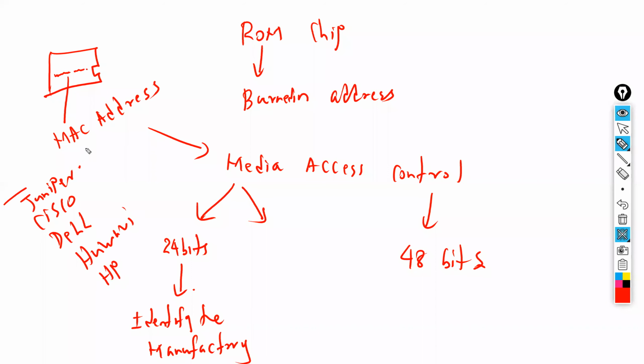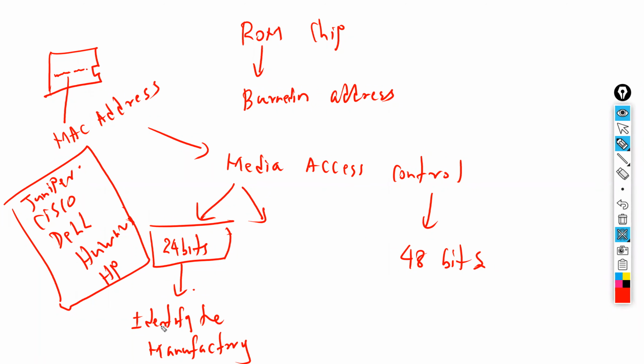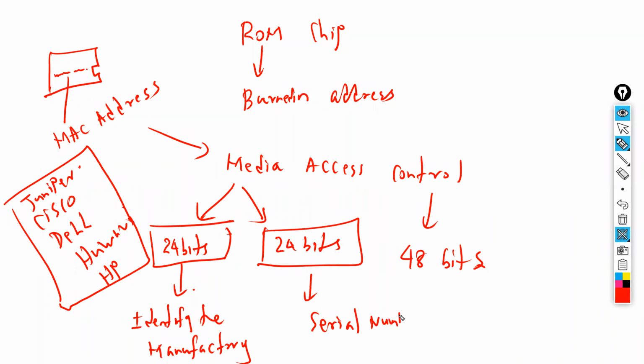But there is a format for the physical burned-in address. The first 24 bits identify the manufacturer. The second 24 bits identify the serial number. Because Cisco will not produce only one particular card. They are producing millions of network cards.